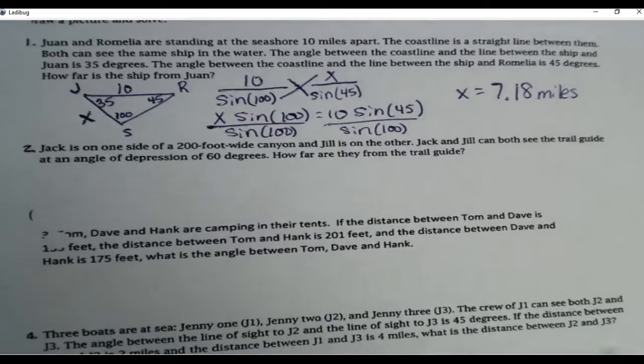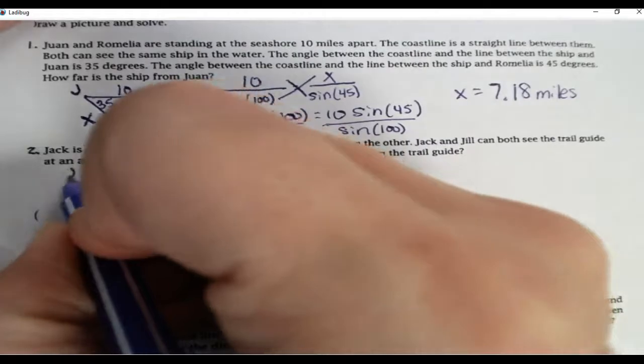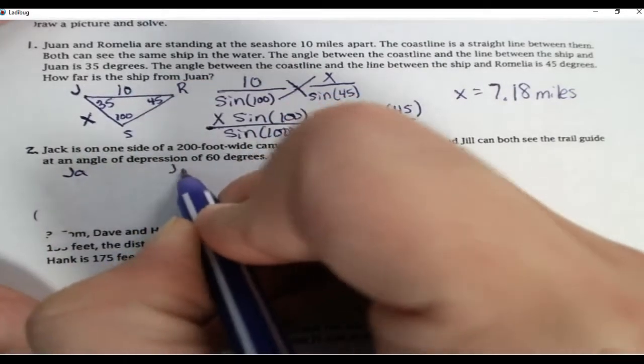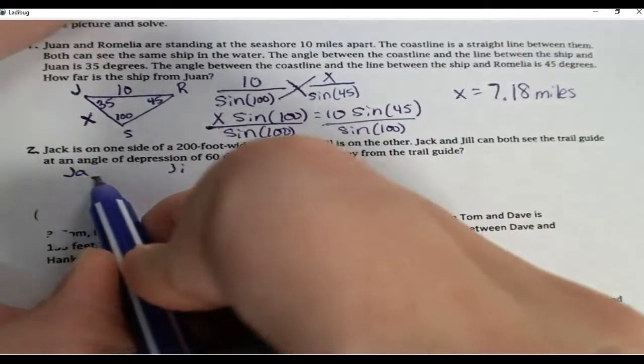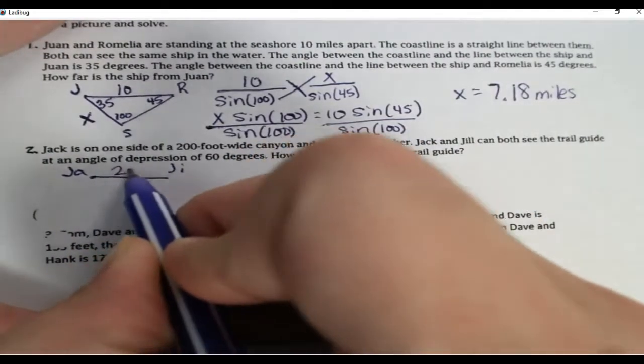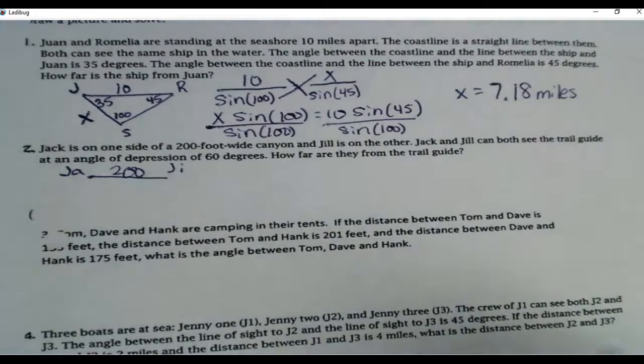So number 2 says Jack is on one side of a 200-foot wide canyon and Jill is on the other. Jack and Jill can both see the trail guide at an angle of depression of 60 degrees. How far are they from the trail guide? So we have Jack and we have Jill, and they're on opposite sides of this canyon. It tells me the canyon is 200 feet wide.